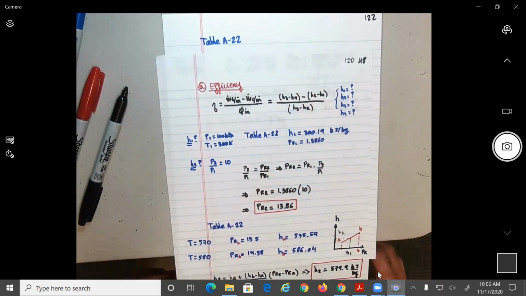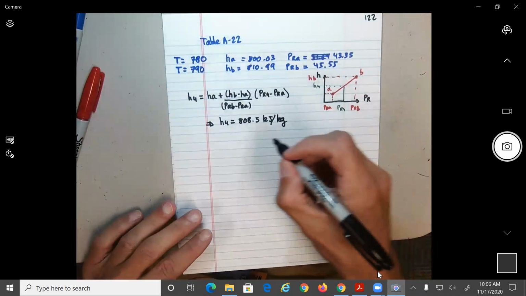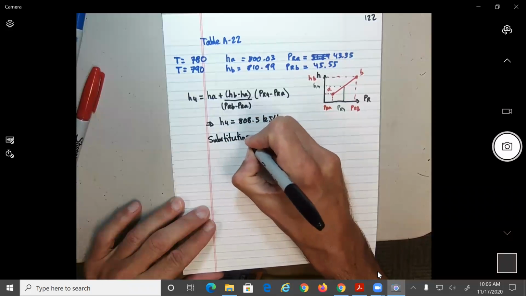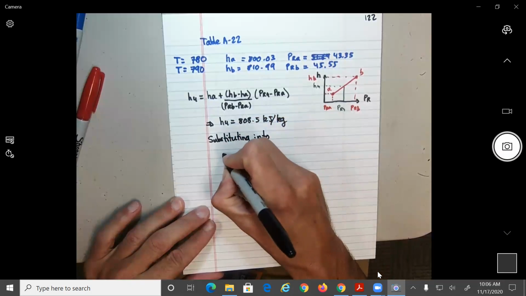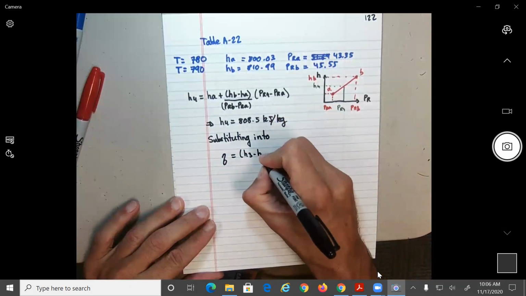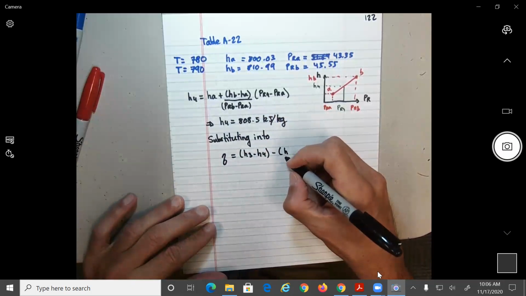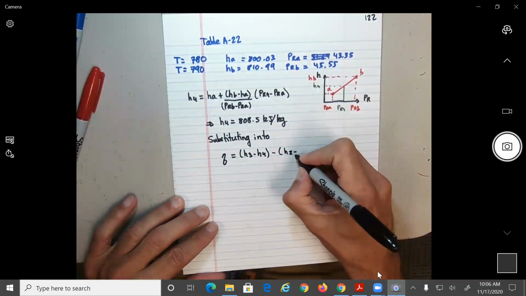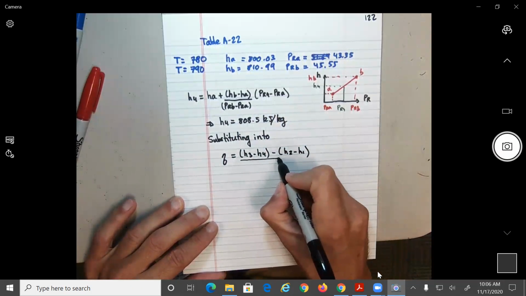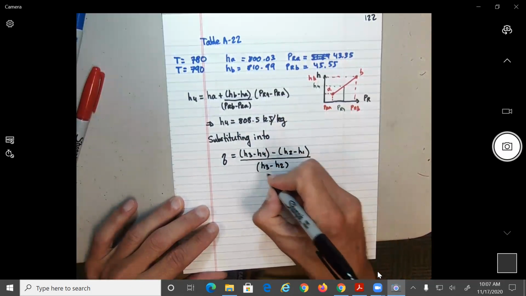So now we got all the different values for the enthalpy, so we can say substituting into the equation for the efficiency, H3 minus H4 minus H2 minus H1, divided by H3 minus H2.